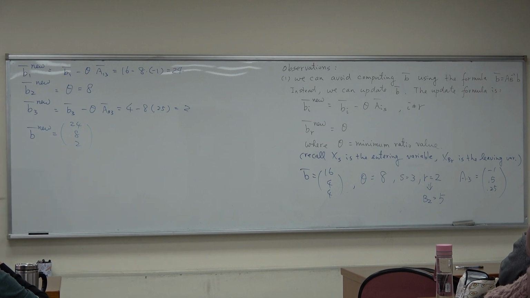Actually, as I said, the key point here is the minimum ratio. Once we replace that, the minimum ratio is our right-hand side value. And the next thing is Gaussian elimination. Actually, this is the Gaussian elimination.